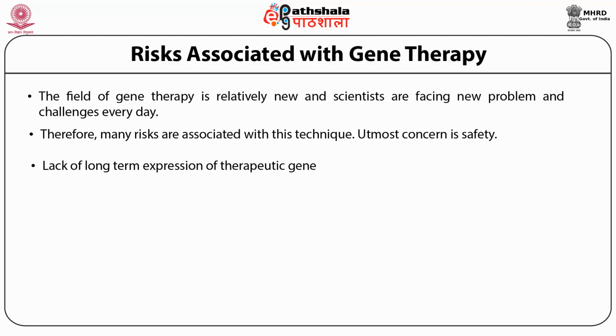Secondly, there are problems with immune responses. Vectors are foreign to the human body, and therefore the chances of stimulating an immune response are always there, which might reduce the efficacy of gene therapy. The third problem generally associated is that there is always a risk from viral vectors.